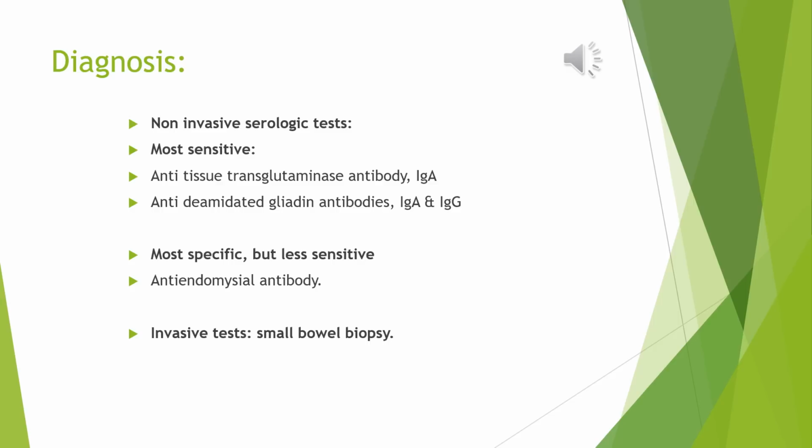Sometimes, because of a non-adherent diet or a non-restricted diet, the patient may have relapses. And the most common cause of relapses in celiac disease is that the patient is non-adherent to the gluten-free diet.